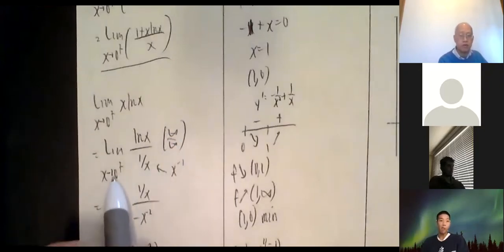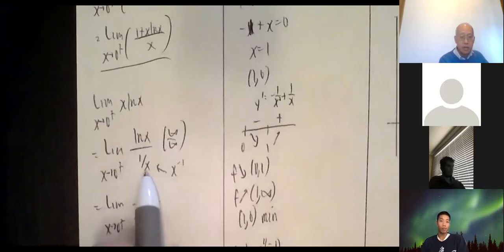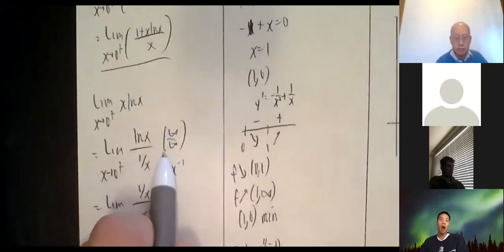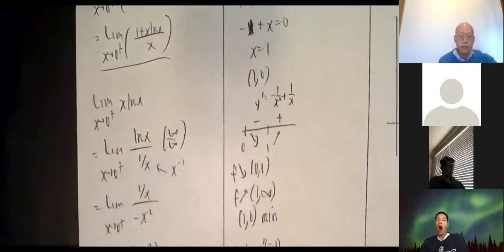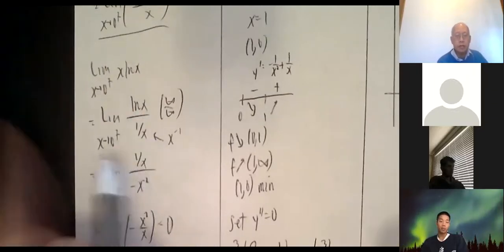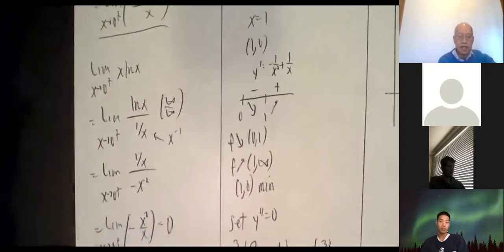When x approaches 0 from the right, ln x approaches negative infinity. If you plug in 0.0001 here, that approaches positive infinity. So it is infinity over infinity, and I can do L'Hopital's rule. The derivative of the top is 1 over x. The derivative of the bottom, treated as x to the negative 1, is negative x to the negative 2.